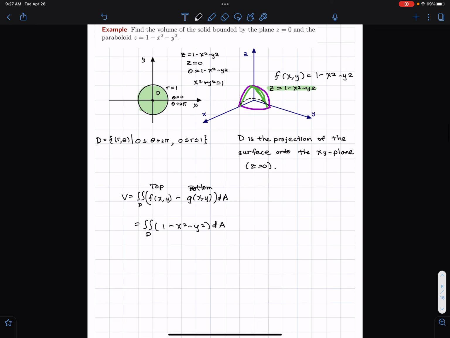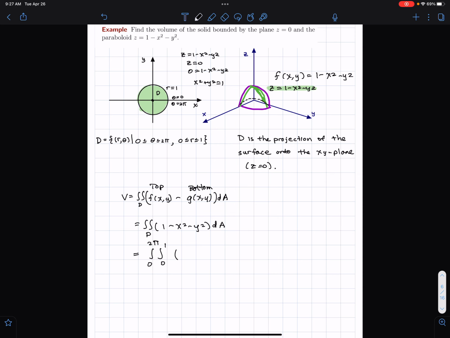All right, now what I want to do is put this in polar coordinates. So I'm going to go from theta equals 0 to 2 pi, and r goes from 0 to 1, and now I'm going to make a substitution.